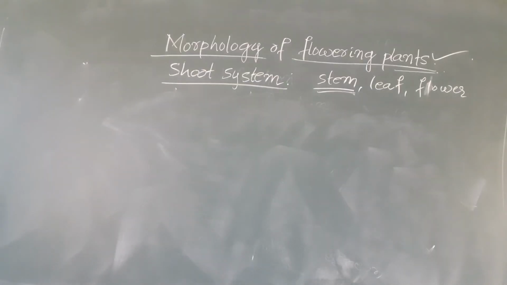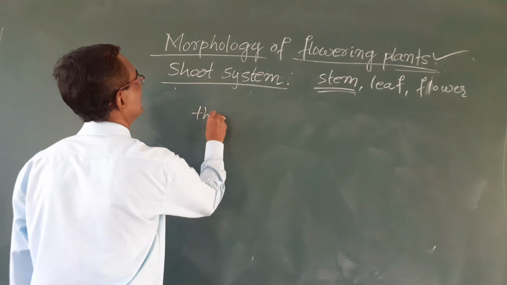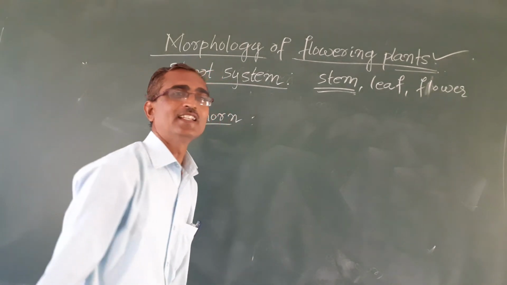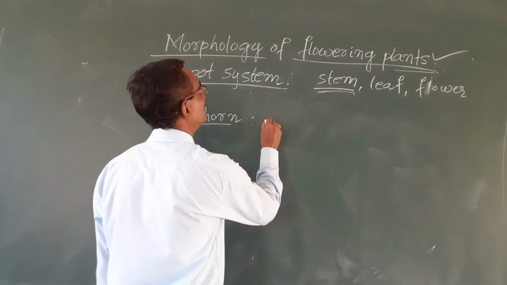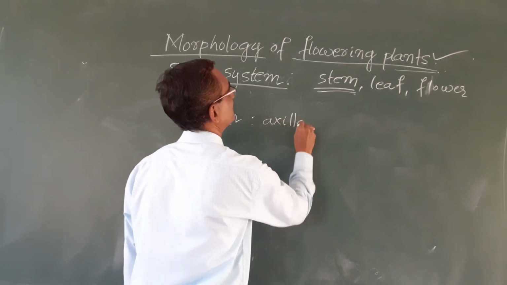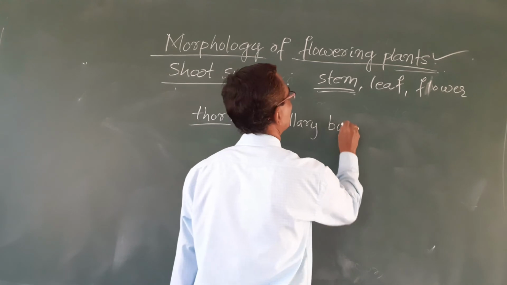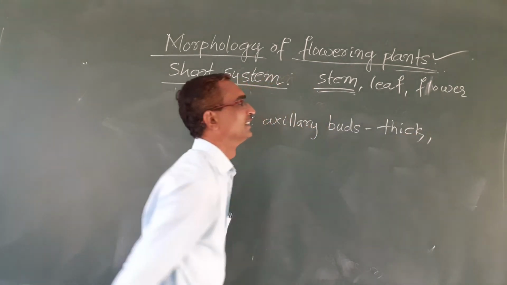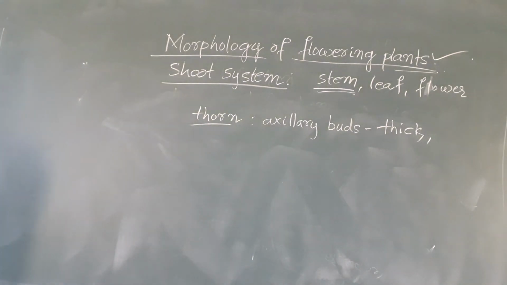So the next modification is the thorn. Axillary buds are modified into thick, straight, woody, pointed thorns.